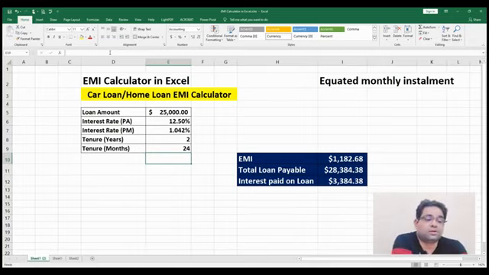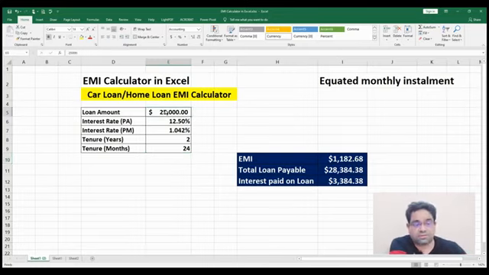The total loan you pay is $28,384.38, and the total interest paid on the loan is $3,384.38.